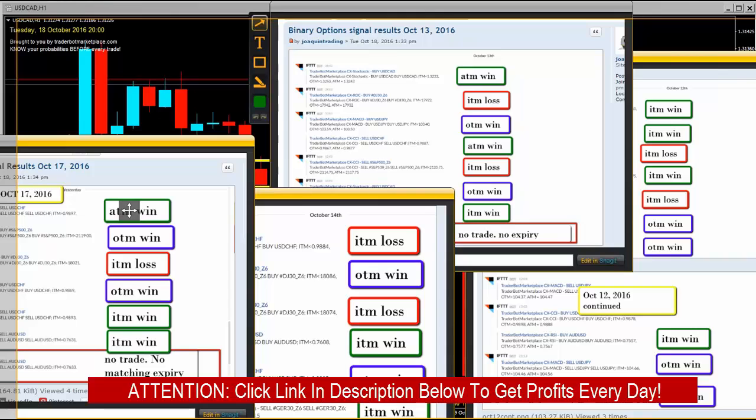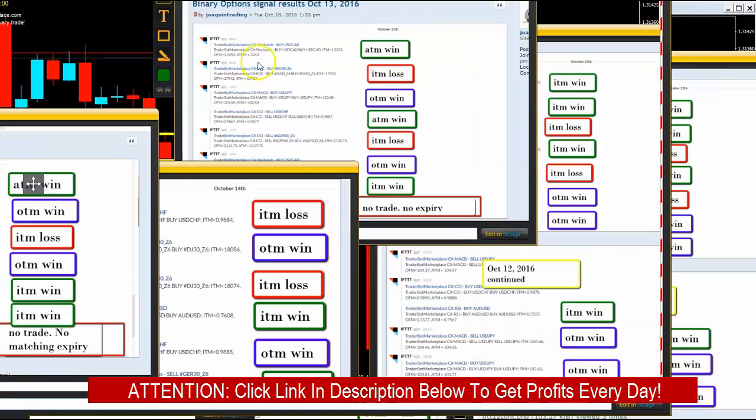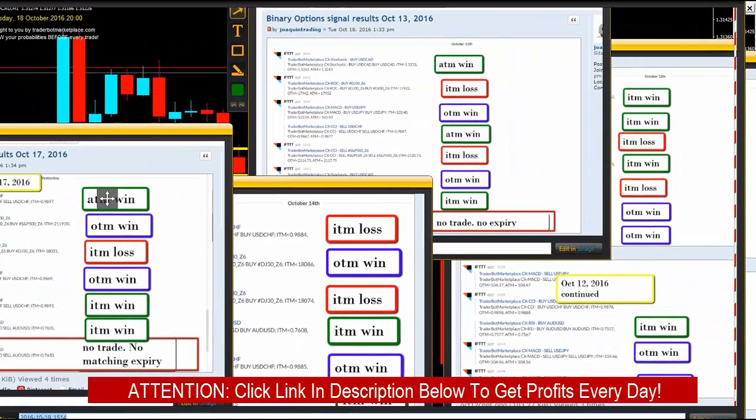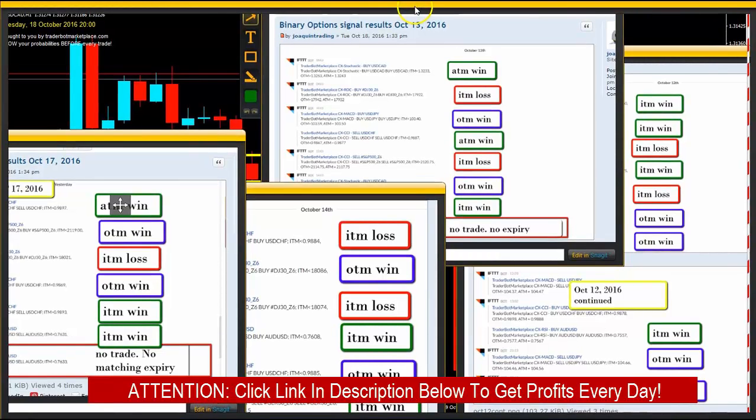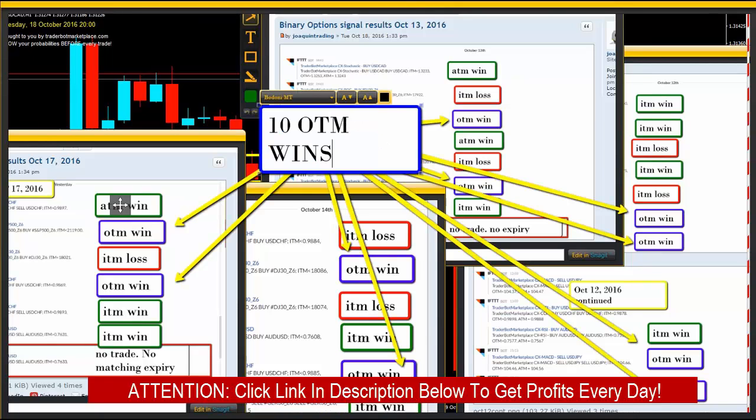How many OTM wins are there? Count them. There are 10 OTM wins out of all of these. Okay, so we've got 10 wins so far. How many trades overall?